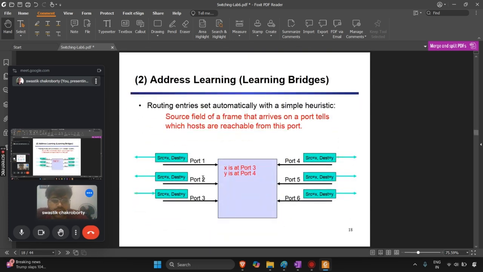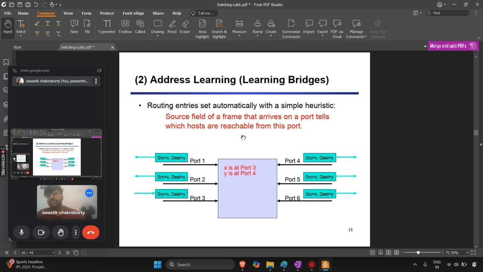Routing entries are set automatically with a simple heuristic. The source field of a frame that arrives on a port tells which hosts are reachable. How do you know which addresses are accessible to this particular bridge?